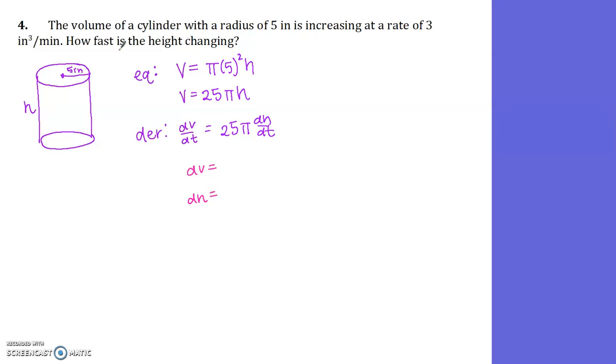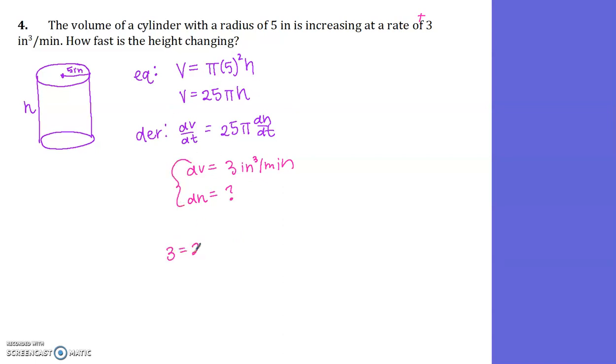Okay, well, the 3 inches cubed, that's for the volume. Okay, it's increasing. So it's positive, so that'll be 3 inches cubed per minute. We're looking for dh/dt. Just plug this into here and solve.